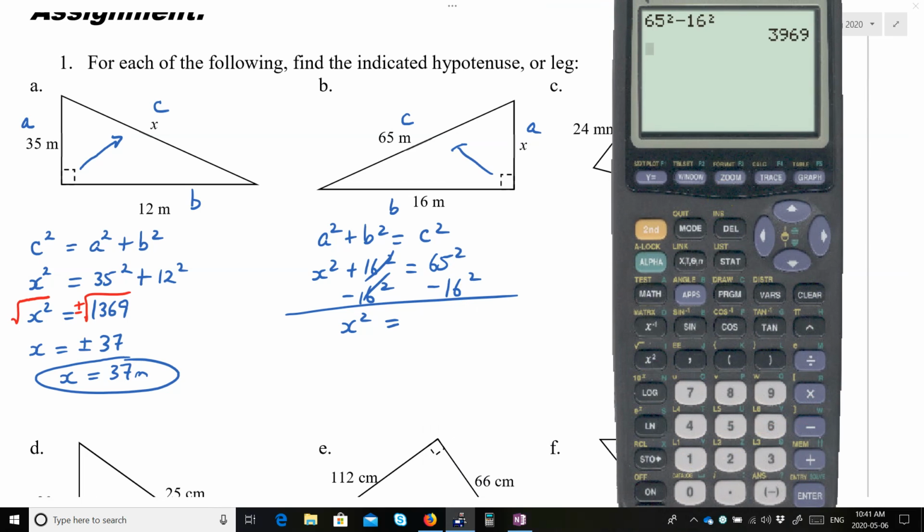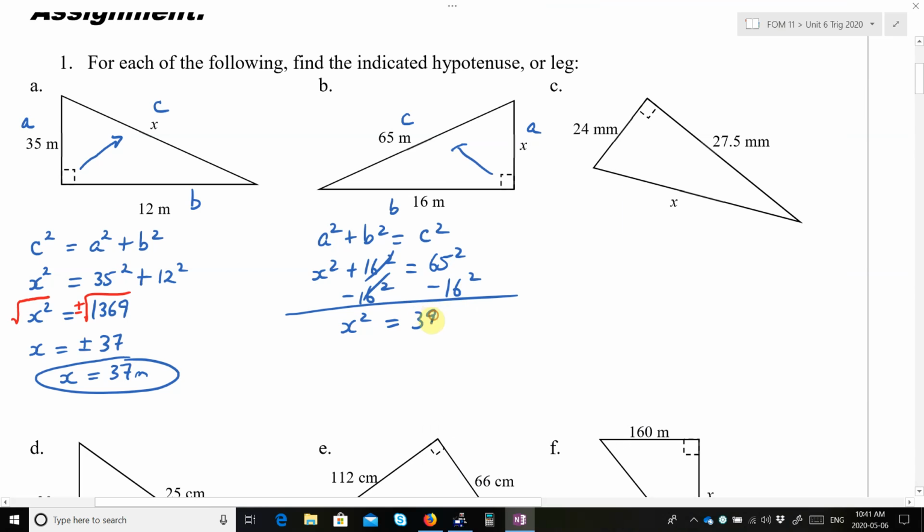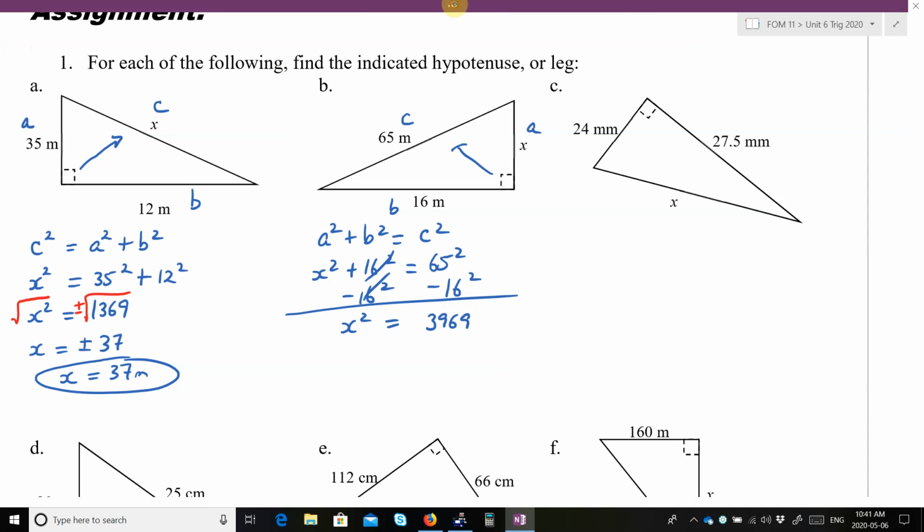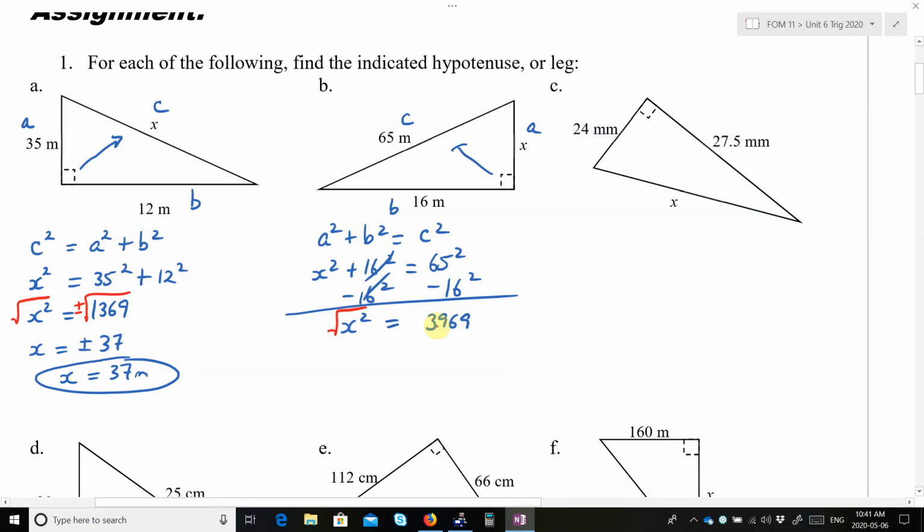And we get 3969. I'm actually just going to give a little bit more space there. We now have to go square root, plus or minus.